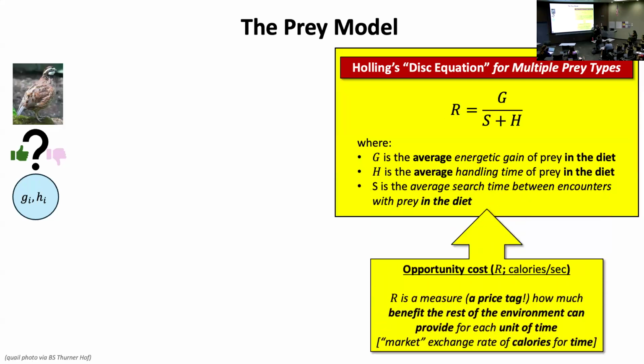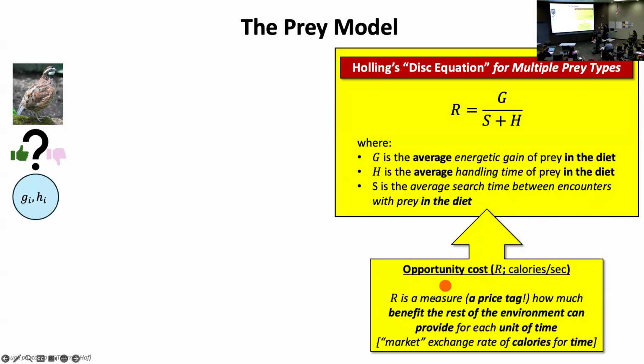We're going to keep referring to this long-term rate of gain as an opportunity cost. Again, while I'm eating, this is what I'm giving up by not searching. So I should probably make decisions that keep in mind the gains I'm currently getting versus the gains I'm losing, this opportunity cost.